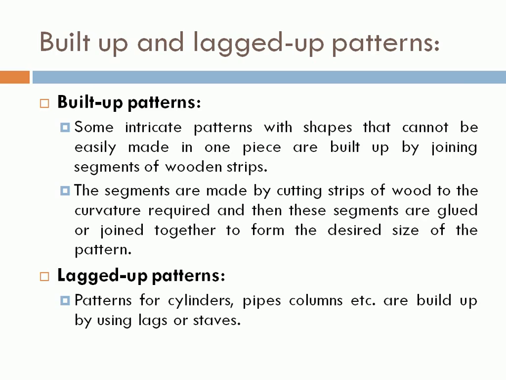If we want to make a job with a particular shape that cannot be easily made, then we make it by joining segments of wooden strip. The segments are made by cutting strips of the wood to the curvature shape we require. Then the segments are glued, fixed with glue and joined together to form the desired size of the pattern.